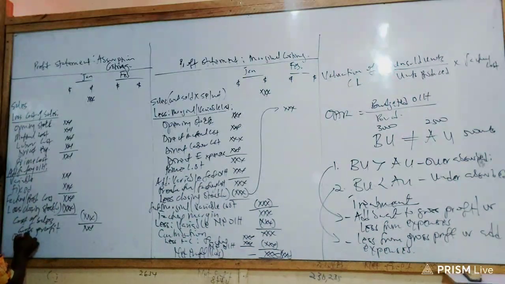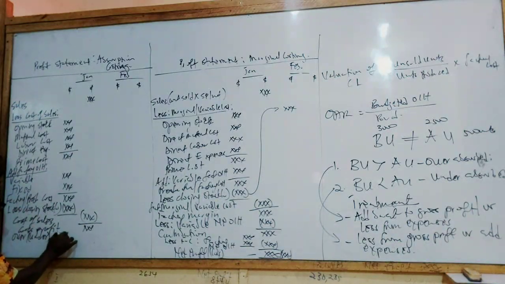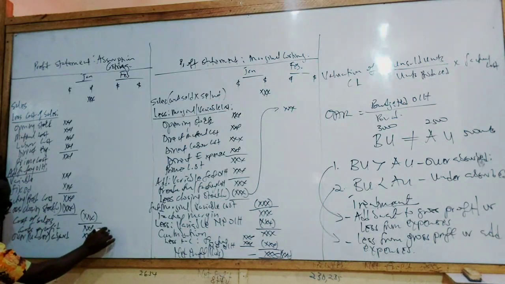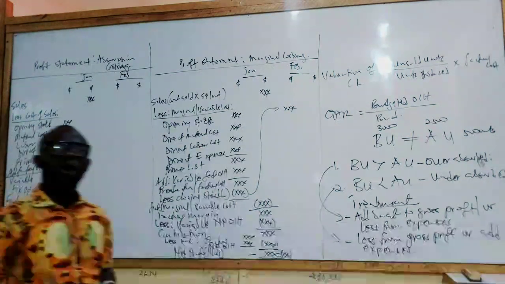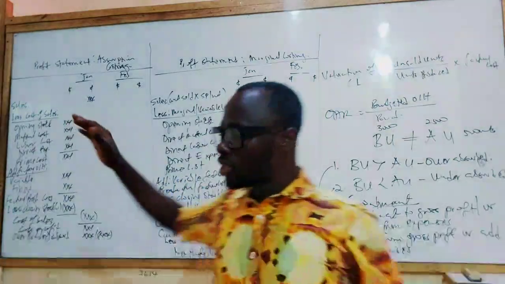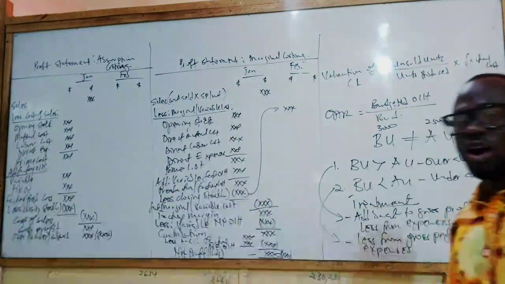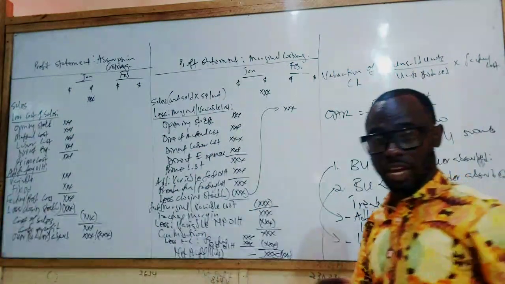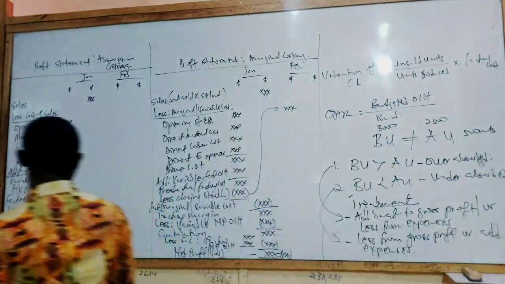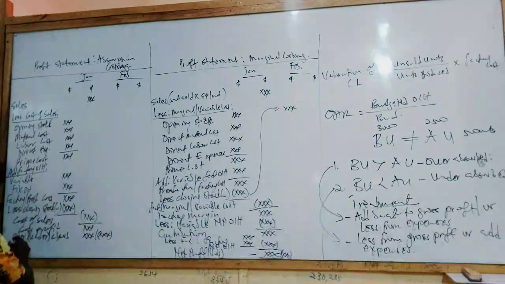So over or under. Over will be added back to the gross profit, under will be subtracted from the gross profit. So you add or you subtract. Once you have dealt with the over or under absorption of overheads correctly, you less all your non-production overheads.